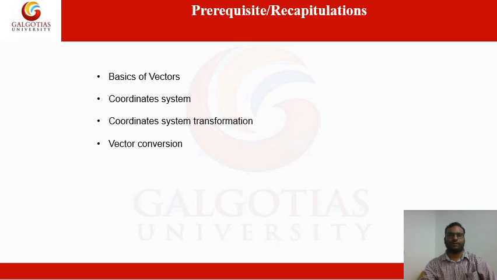In this course we are dealing with three coordinate systems: Cartesian, cylindrical and spherical. We also covered how to transfer from one coordinate system to another, and vector conversion, like a vector in cylindrical, how to convert it to rectangular and spherical or vice versa.